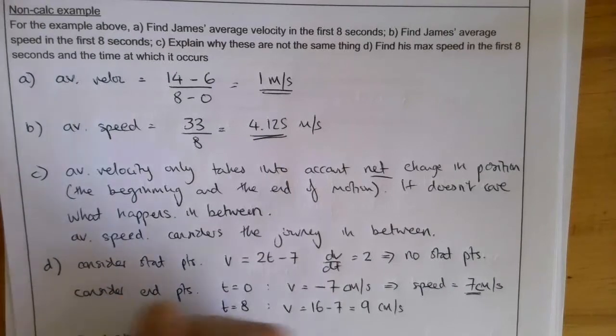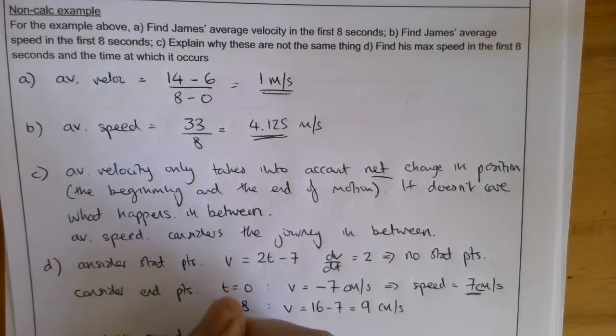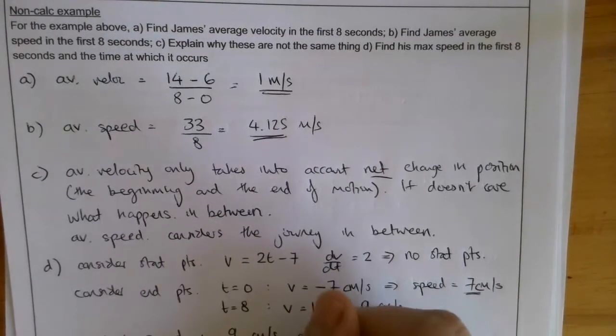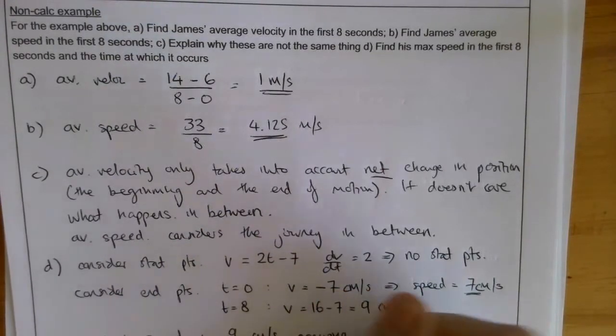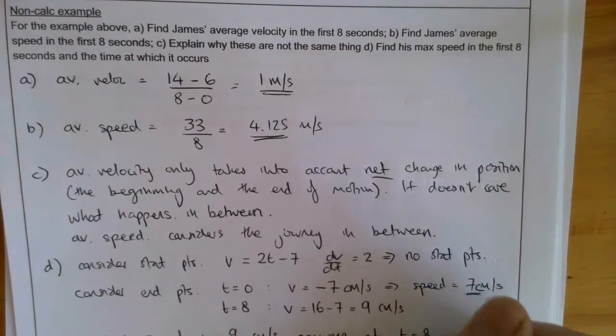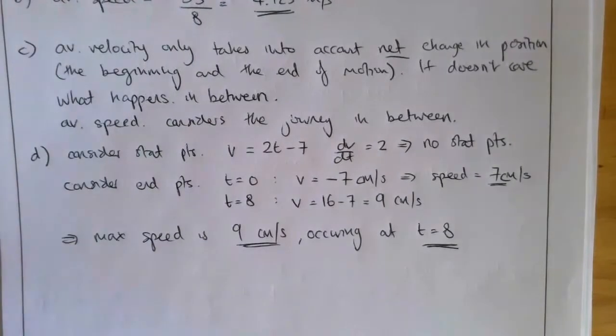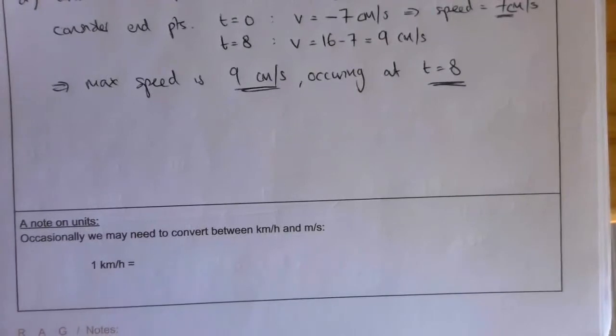So the max speed is 9 centimeters per second, occurring at t equals 8. In terms of your rigor there, guys, it's just really important. If you're looking for maximums in motion, you consider every time the endpoints and the stationary points to figure it out.